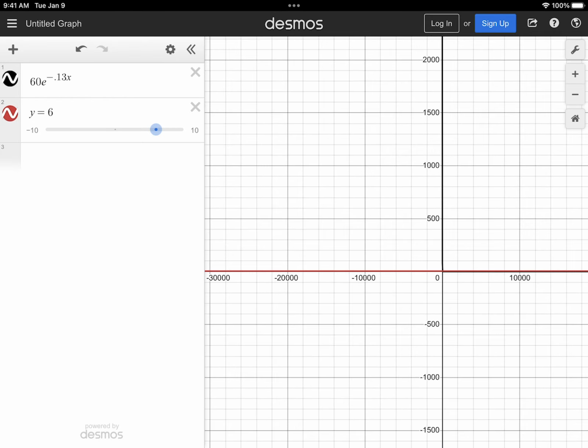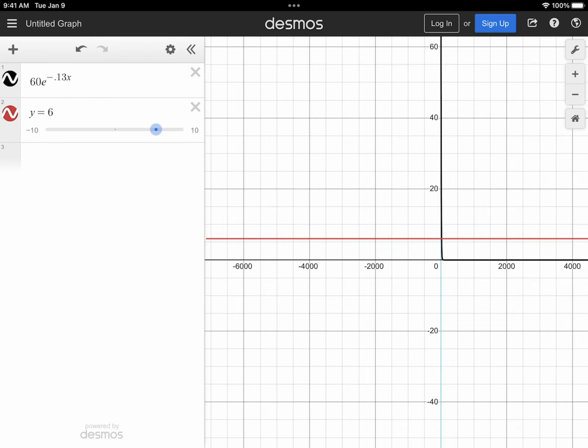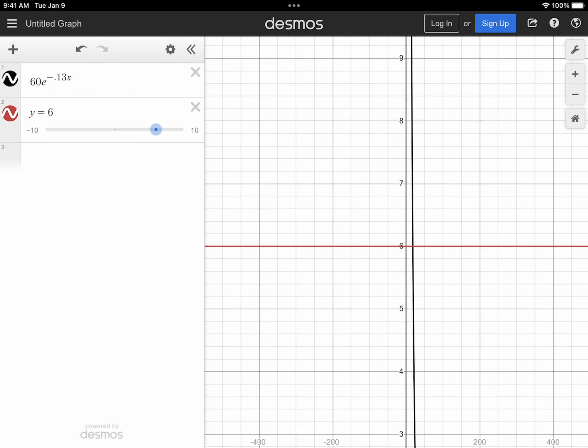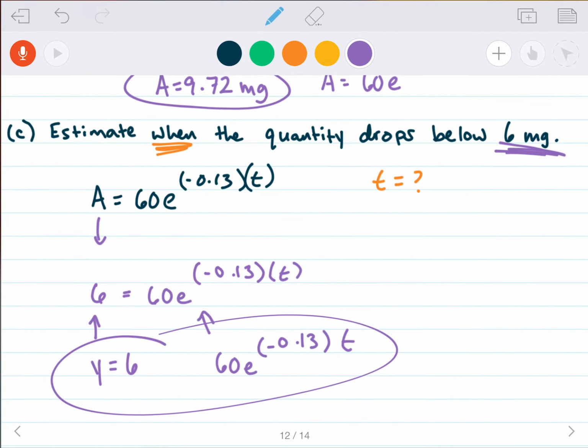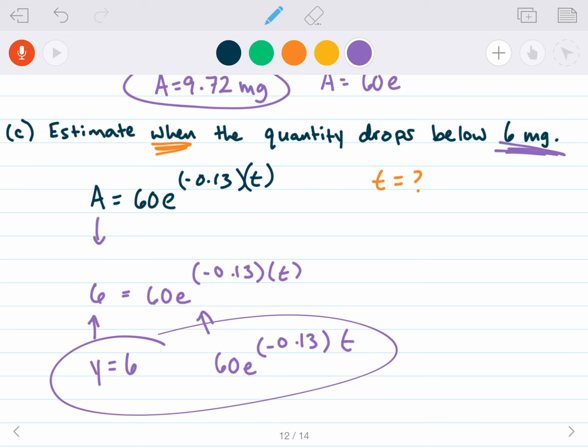Okay, so I see the red line for y equals 6, and I just zoom in. And let's see what this is. So when I click that, on the function, we have 17.7. Okay, so the function is t equals 27.7, but that's not quite our answer because this is years after 2009, right?